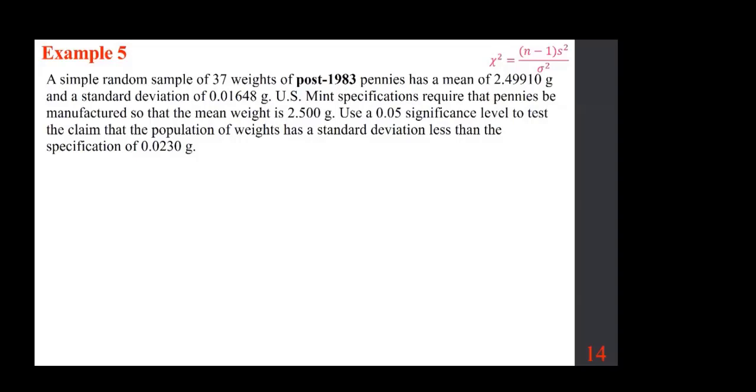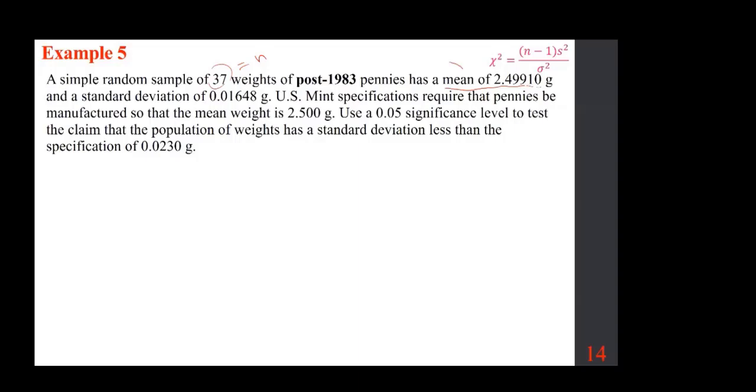So the very first number, 37. What is that? Can anybody tell us what's 37? N. Beautiful. Then the next number is 2.49910 grams. What is that? It pertains to those 37. It's the X bar.